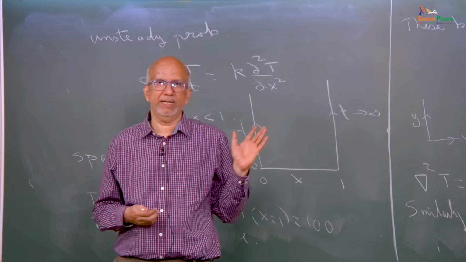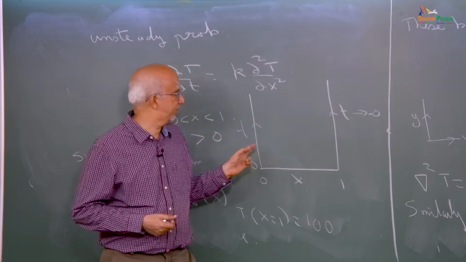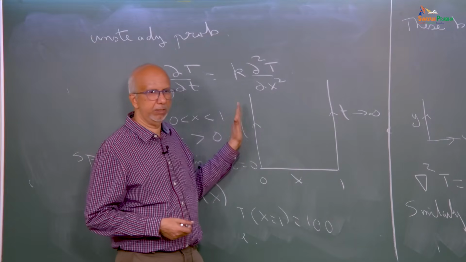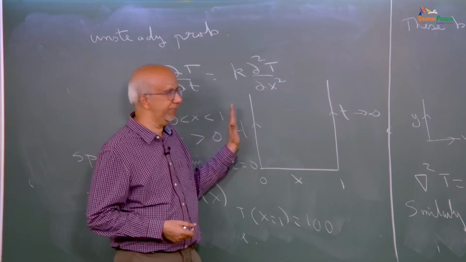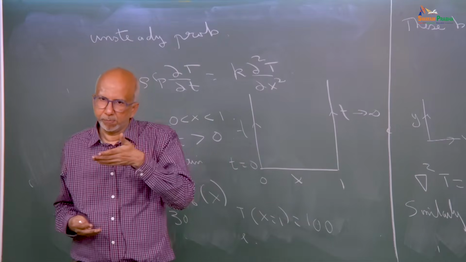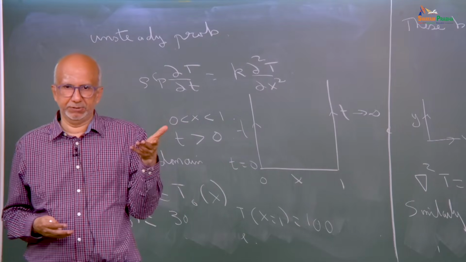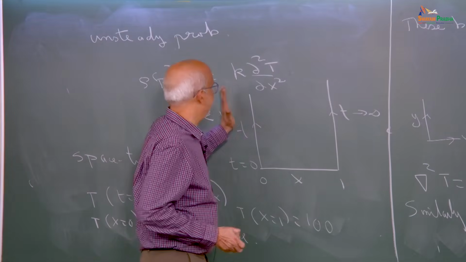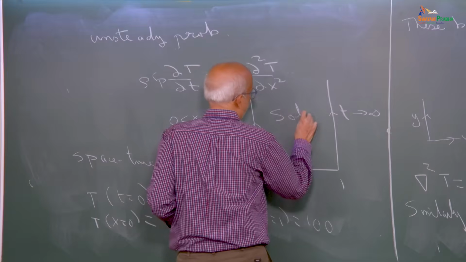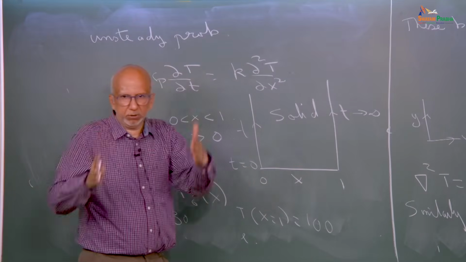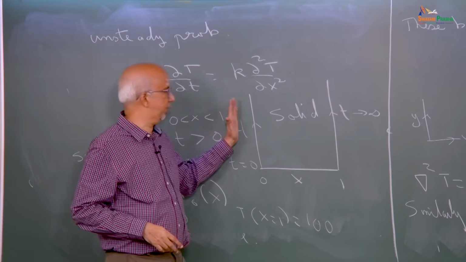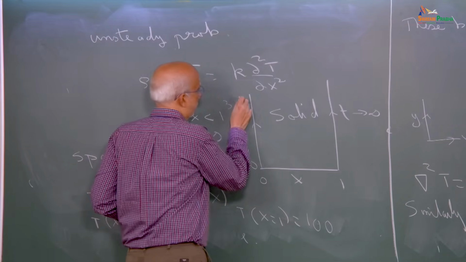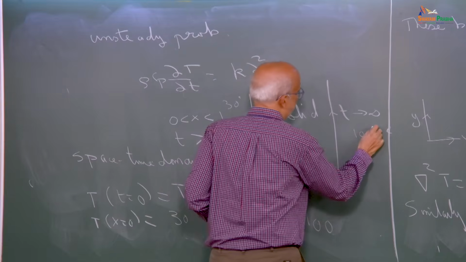Now, when is this kind of a condition physically relevant? When the temperature of the liquid or air, whatever, is 30 here and there is no heat transfer resistance. This is solid, okay. I am immersing the solid in a liquid, on one side the liquid is at 30 degrees and on the other side it is at 100 degrees.